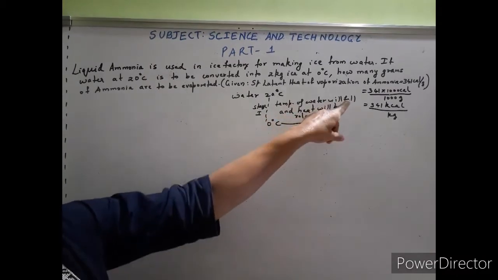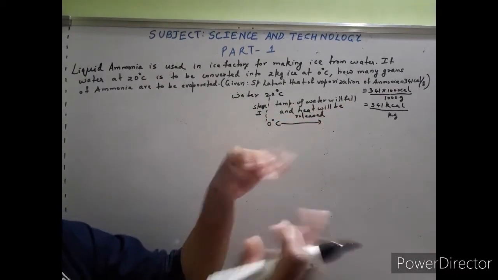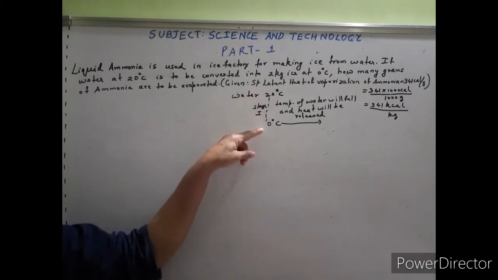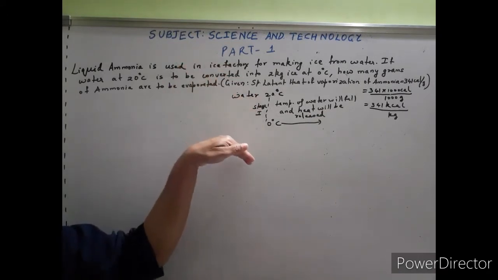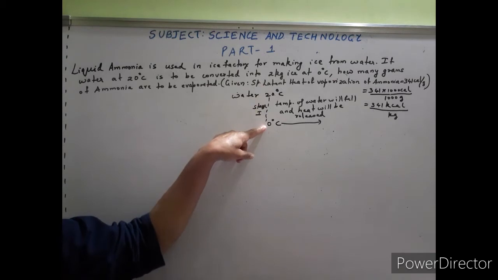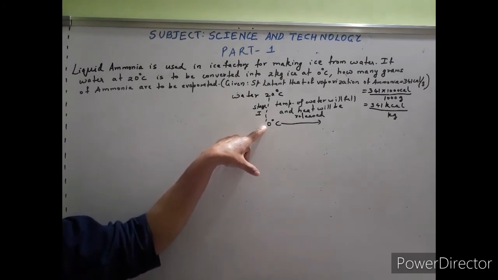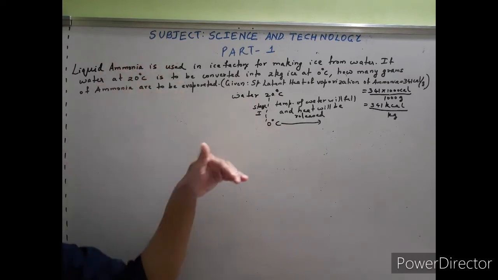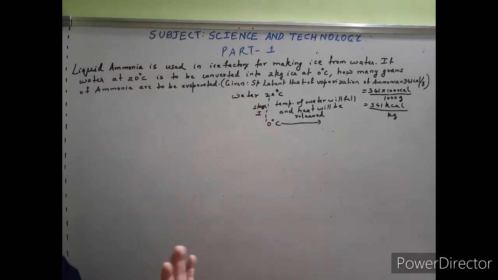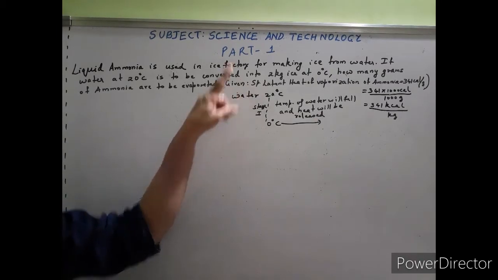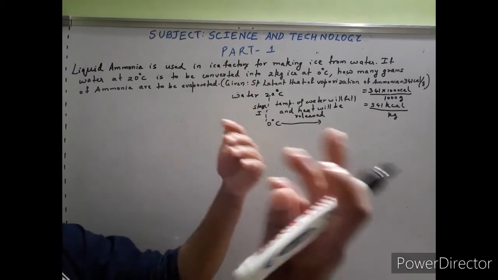So temperature of water will fall and heat will be released. कब तक रिलीज होगी हीट, जब तक टेम्परेचर 0 डिग्री सेंटीग्रेड तक पहुंच नहीं जाता है तब तक टेम्परेचर फॉल होगा और हीट रिलीज होगी. So temperature falls from 20 degree to 0 degree and heat is released.